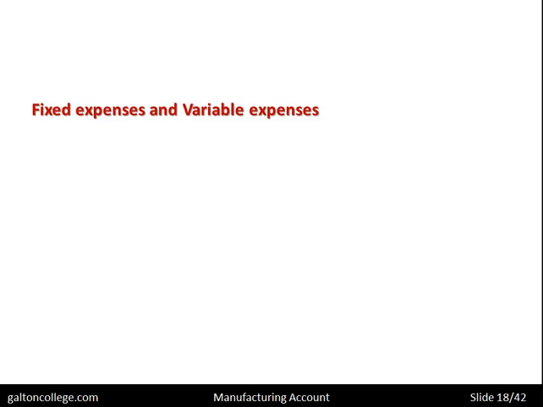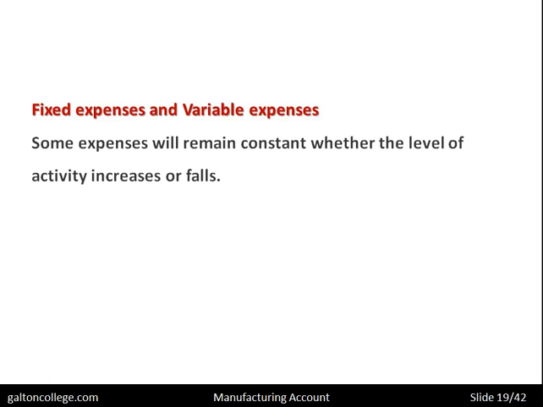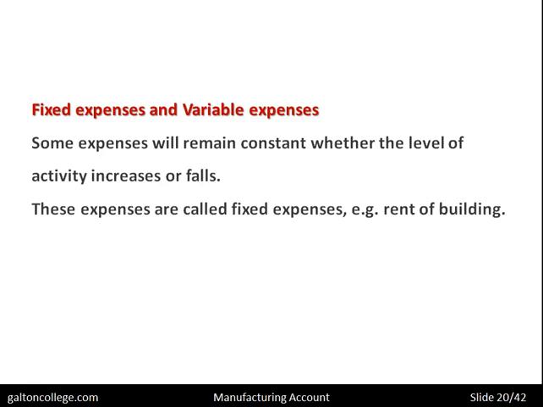Now, fixed expenses and variable expenses. Well, some expenses remain constant whether the level of activity increases or falls. These expenses are called fixed expenses. For example, the rent of buildings. Once the company has rented a building, it doesn't matter if it produces a lot or very little. It's still the same amount has to be paid in rent.